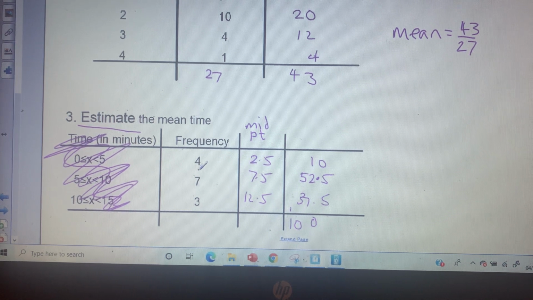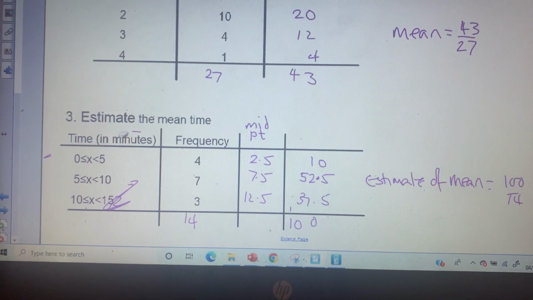And altogether I've got 14 things. So an estimate, because of the grouped data, of the mean is 100 over 14. And you just want to make sure your answer is somewhere between 0 and 15.